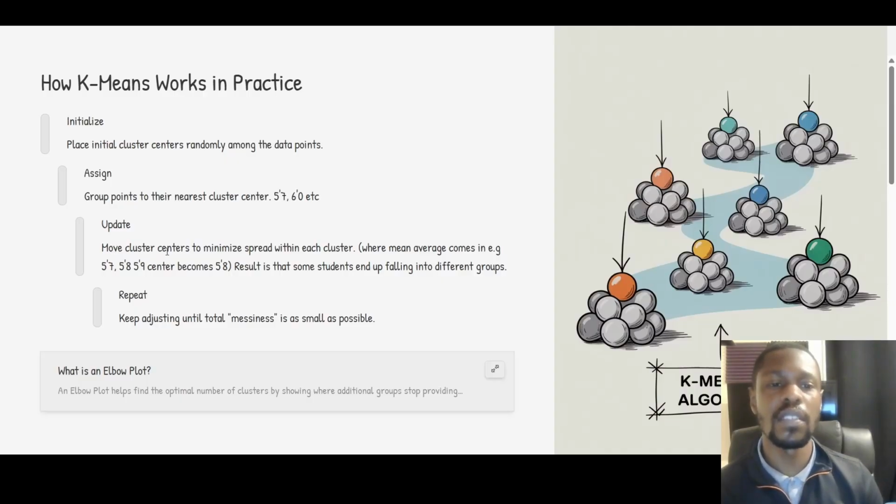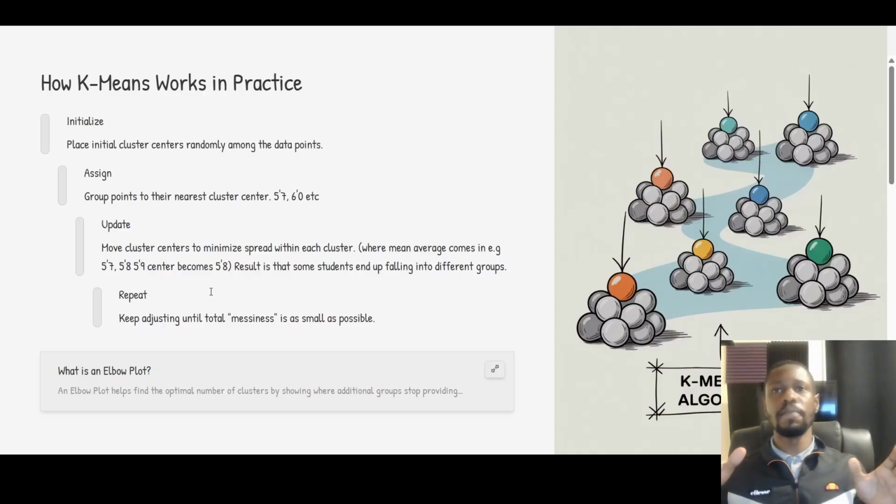You move cluster centers in order to minimize the spread within each cluster, as we did previously. And this is also where the mean average comes in. As we said before, we want to find the best way to determine what the initial cluster center should be, as we've randomly selected a center point and then started sorting the data.